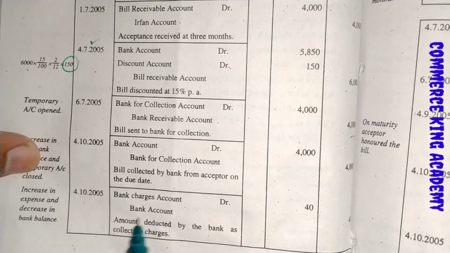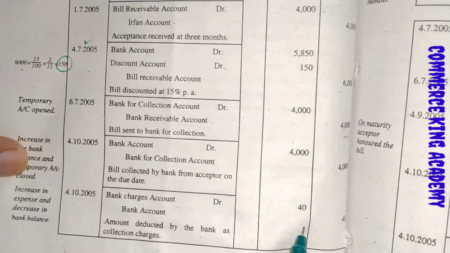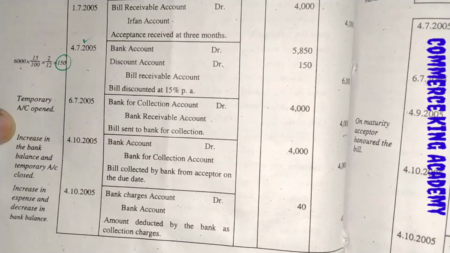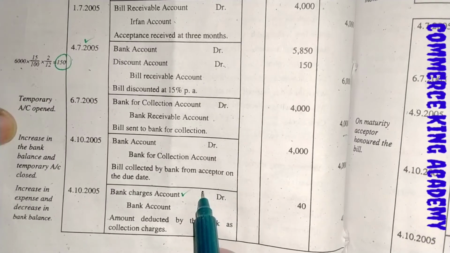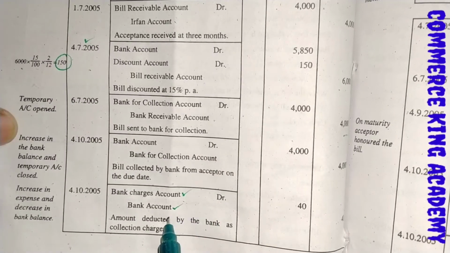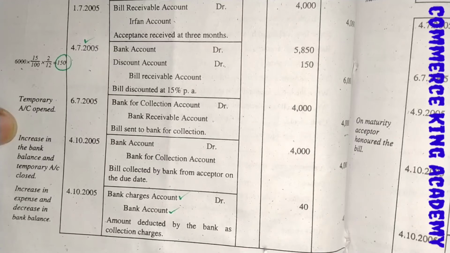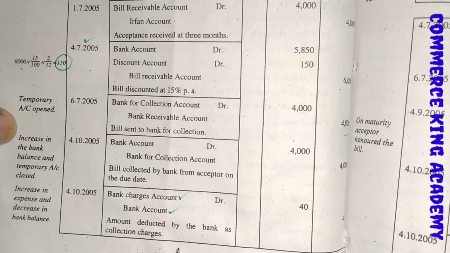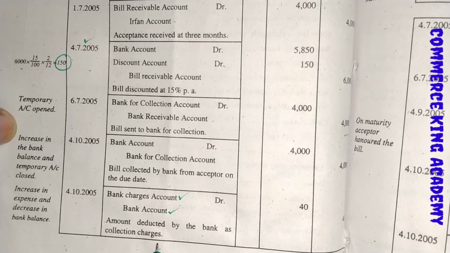Increase in expense will be debit and decrease in asset will be credit, with details or description: amount deducted by the bank as collection charges.